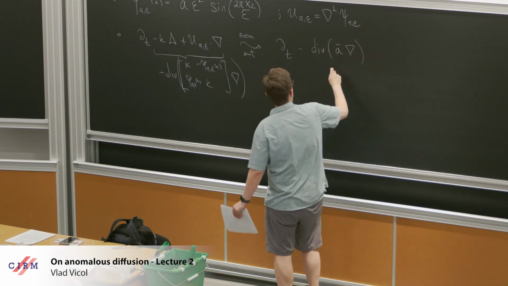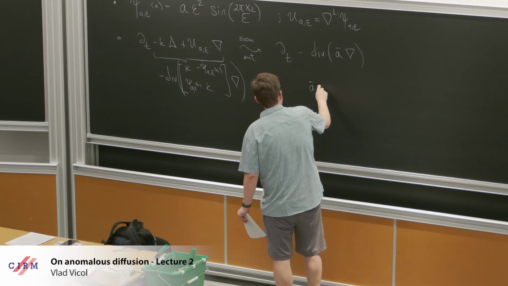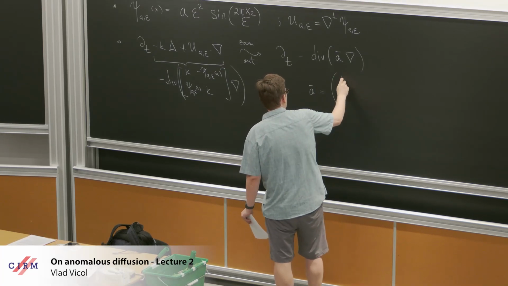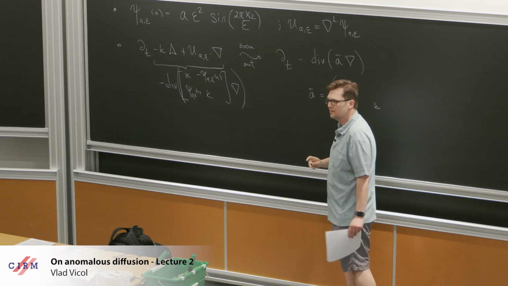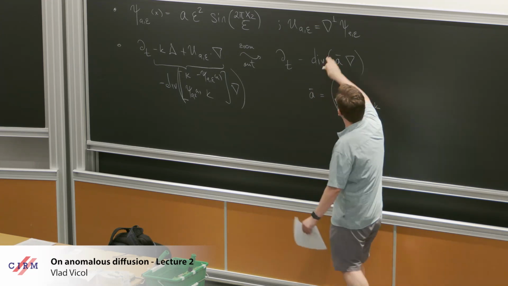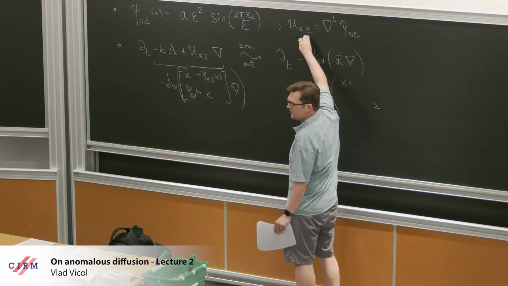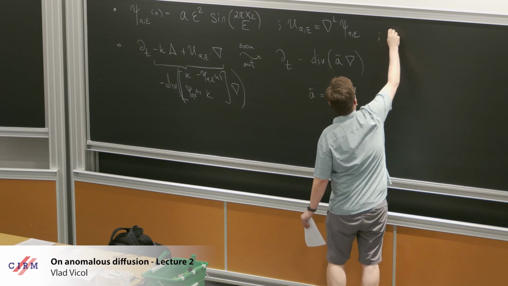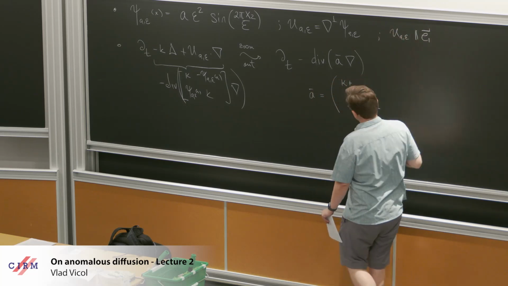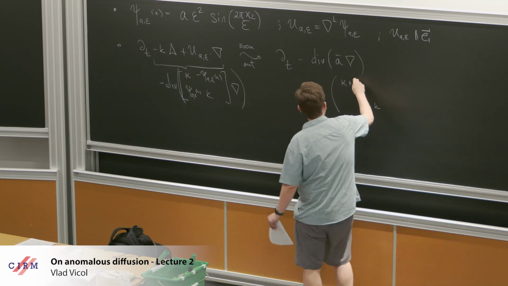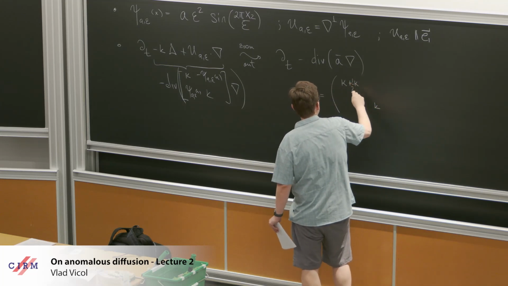And A bar was the old matrix, and you get enhancement in the 1-1 component because this only points in the E1, right? So U A epsilon is parallel to E1. And so here you get enhancement, and the enhancement was some explicit thing.